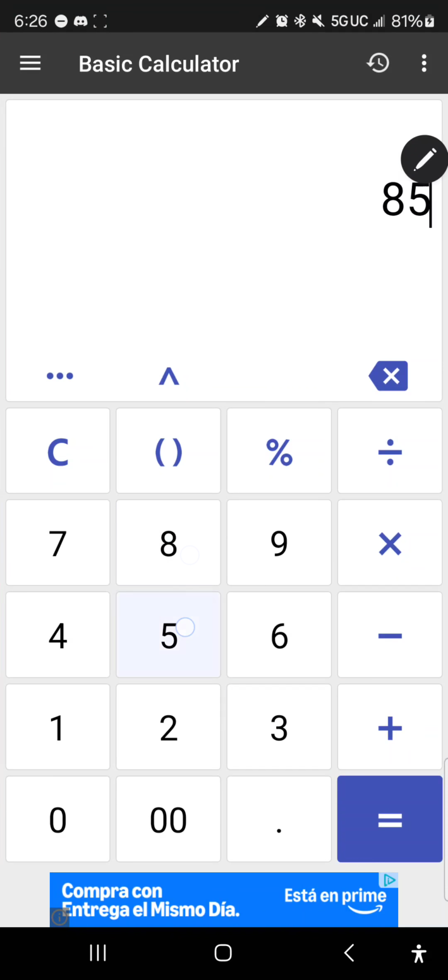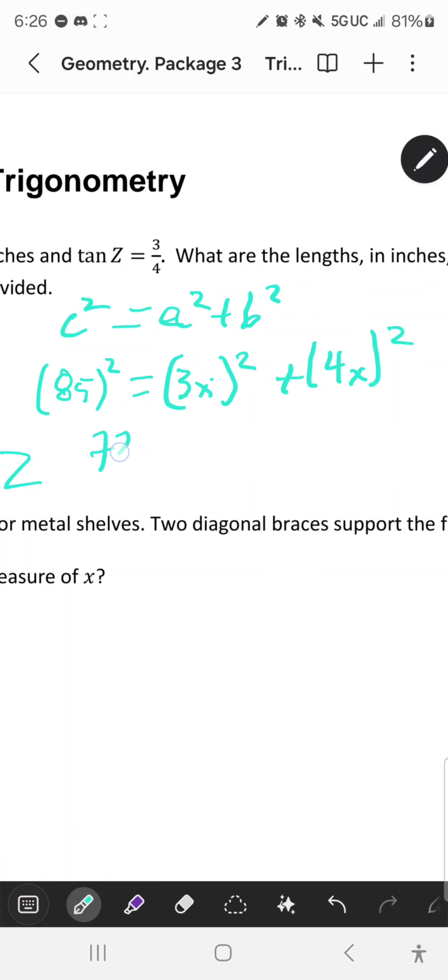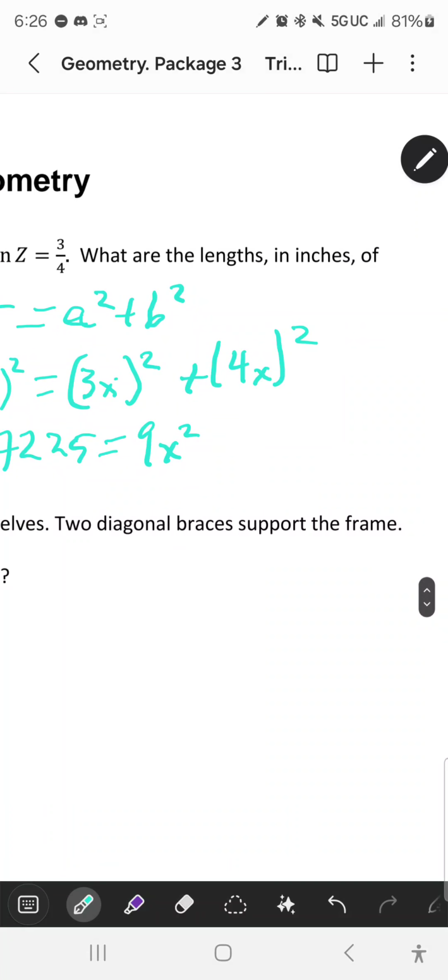First, let's go to our calculator. 85 times 85 is 7,225. So 7,225 equals 3x squared, which is 3x times 3x. So 3 times 3 is 9, x times x is x squared. Now 4x squared is 4x times 4x.